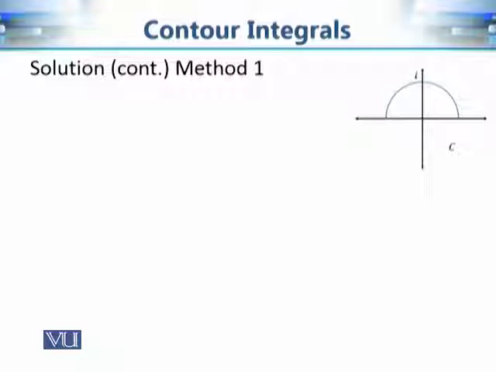Now let's focus on method number 1. In this method we'll use the concept of a limit. So how are we going to use that concept of limit? What we do is we take the contour from 2 to this point such that this point corresponds to the angle gamma.